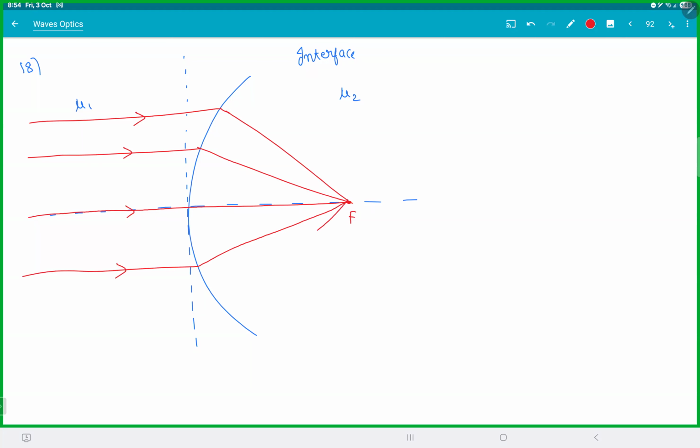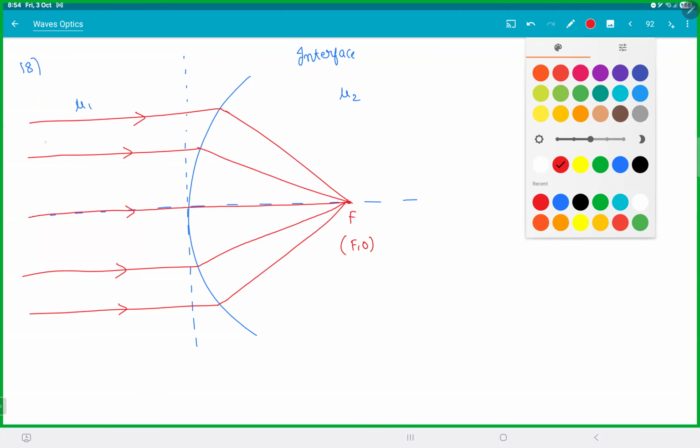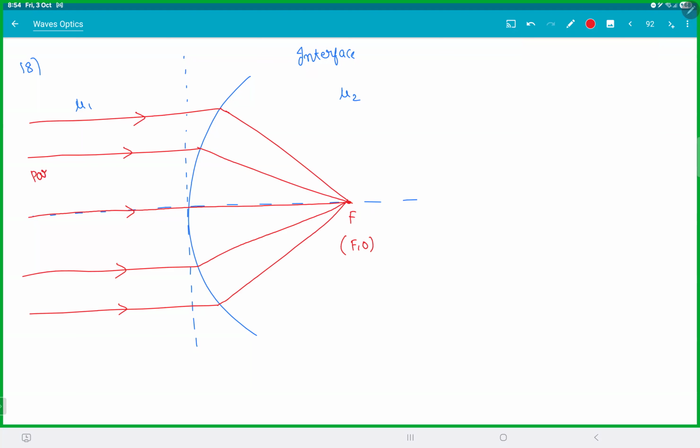You send parallel light rays, so they're coming from infinity, and they all meet at the focus, f comma 0. So when you send a parallel beam from infinity, technically when they're coming parallelly, they're traveling the same distances, isn't it? When they hit this interface, they all converge at this point f comma 0, and mu2 is greater than mu1. Find the shape of the interface.